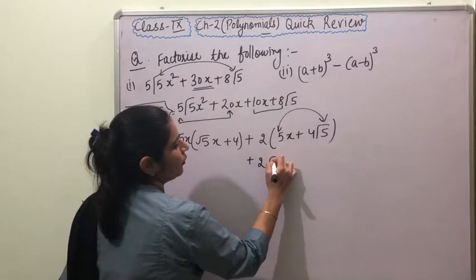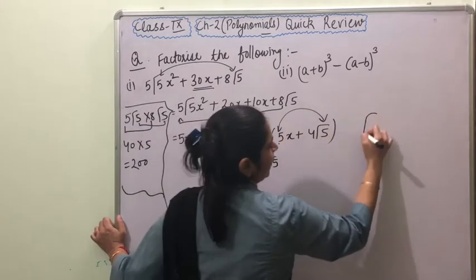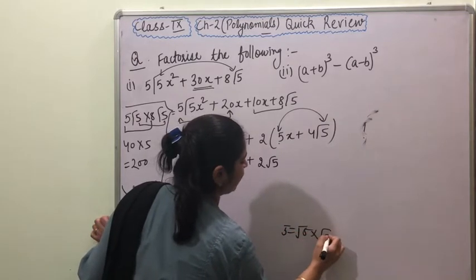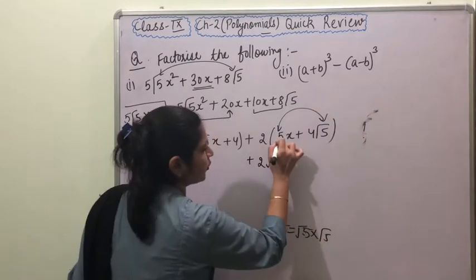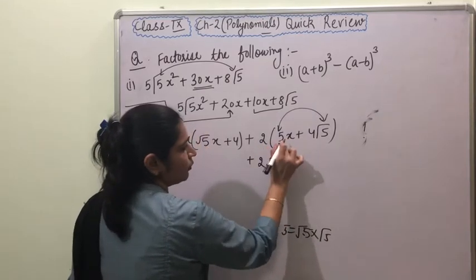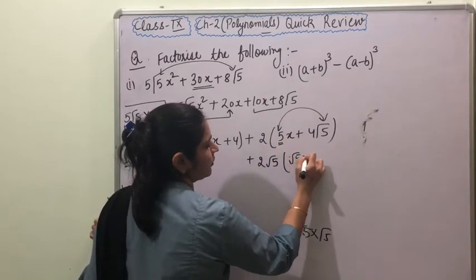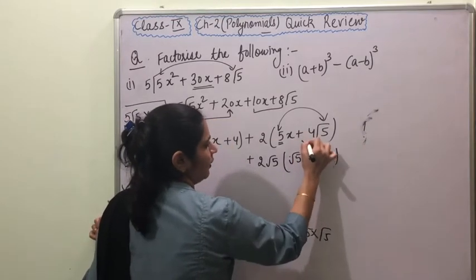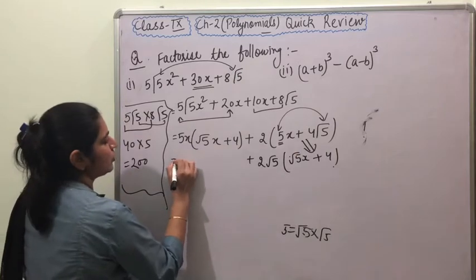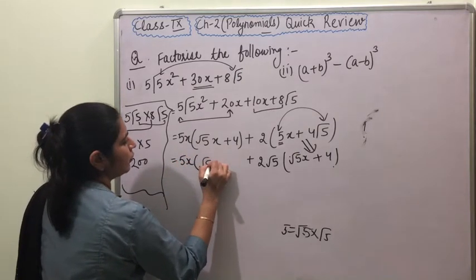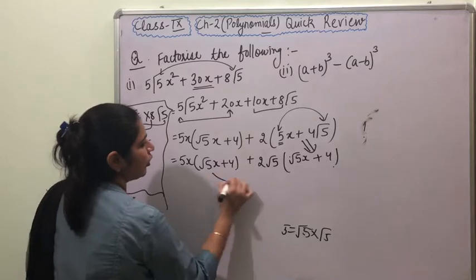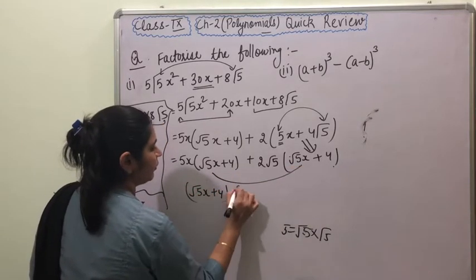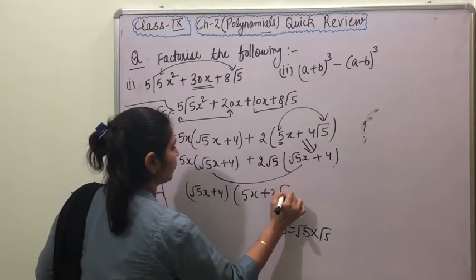It will be 2 root 5, and this 5 is equal to root 5 into root 5. So root 5 I am taking as common out. It is equal to 2 root 5 into (root 5 x plus 4). These two I will write as it is, (root 5 x plus 4). So the common factor is (root 5 x plus 4) into (5x plus 2 root 5).